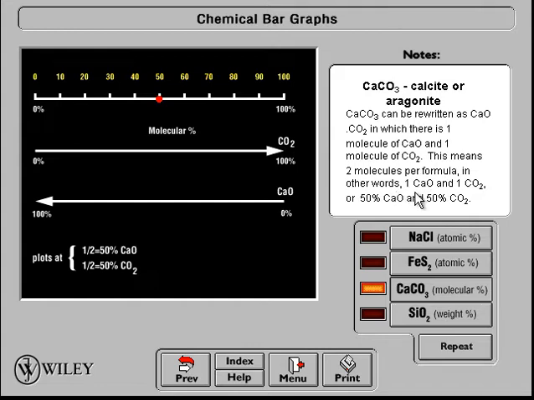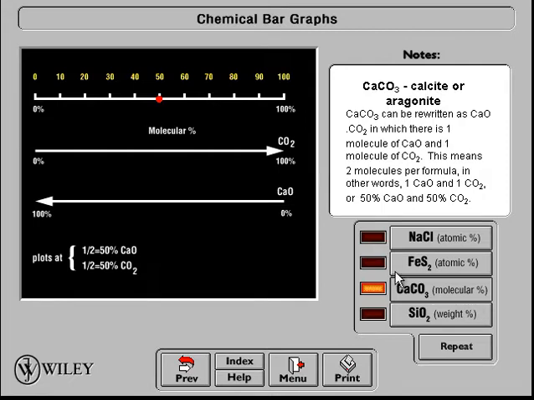In other words, 1 calcium oxide and 1 CO2, and then we have again the relationship 50-50, and it plots here in the middle of the line of our chemical bar graph. Here we have 50% CO2 in this direction, and here we have 50% calcium oxide in that direction.